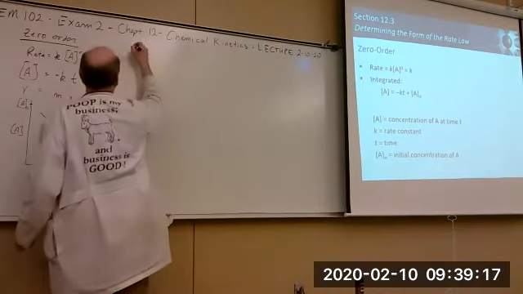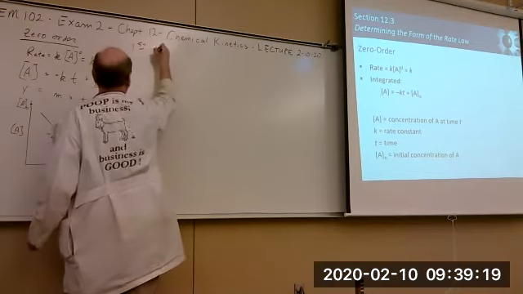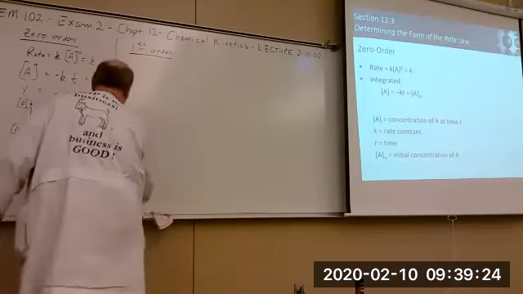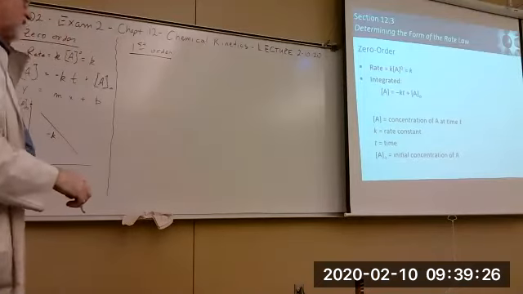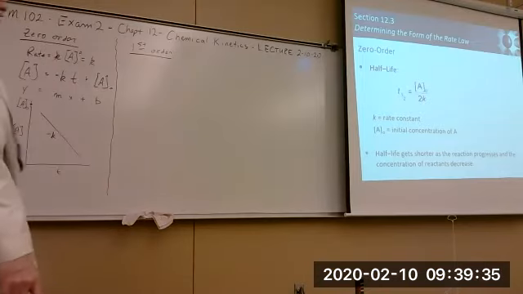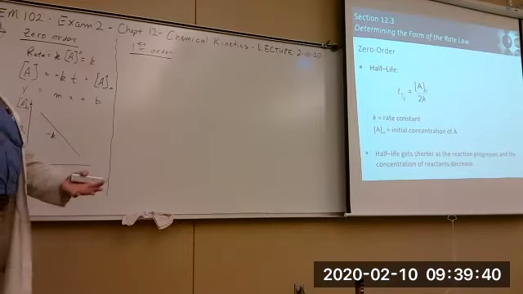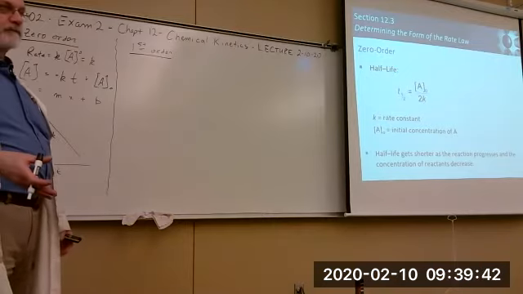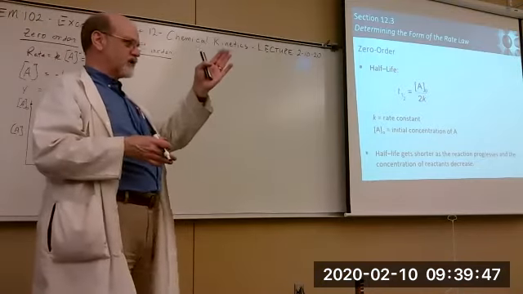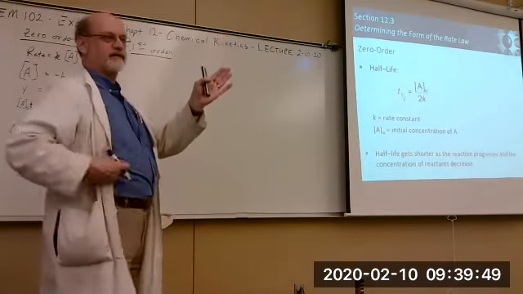Now, about first order. I'll leave these up here. Let's see. Well, with the half-life stuff, the initial A over 2K. Oh, that's right. We've got to get half-life. Excuse me. So, is everybody familiar with the concept of half-life? How long does it take for half of the initial concentration to disappear? That's a half-life.